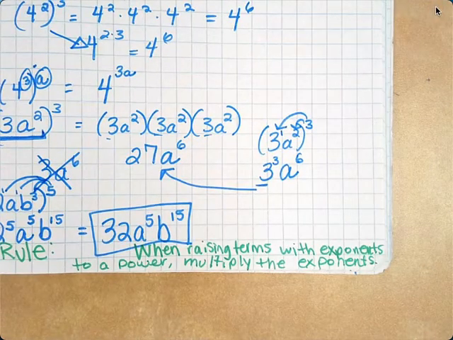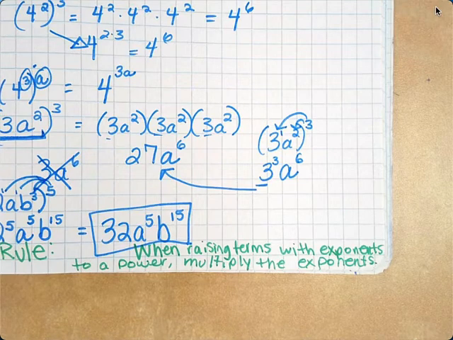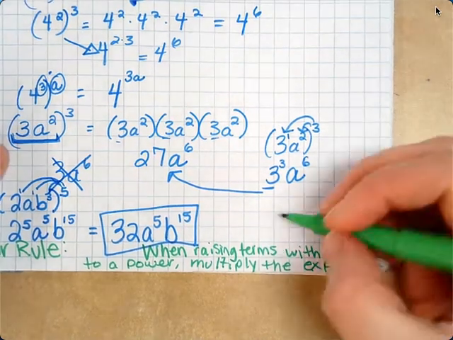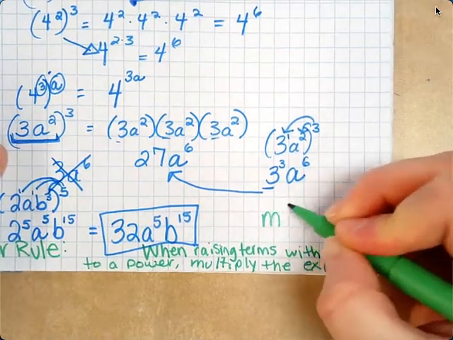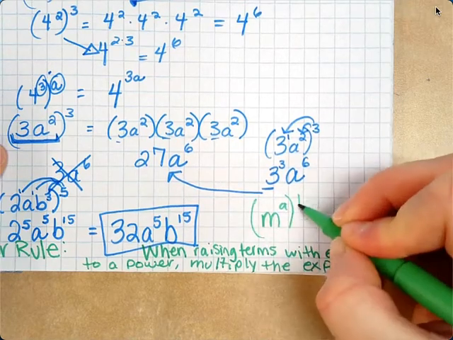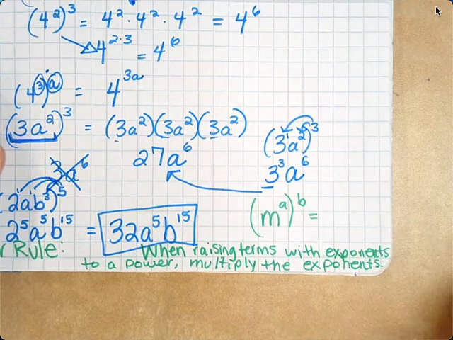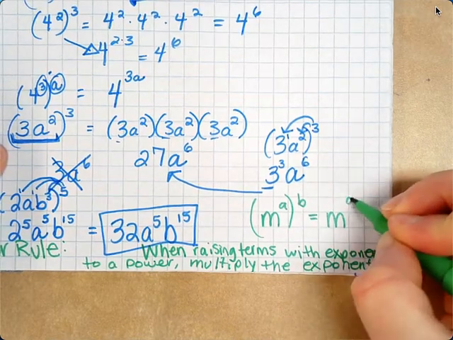When raising terms with exponents to a power, multiply the exponents. So the rule would look like this. M to the a raised to the b would be m to the a times b.